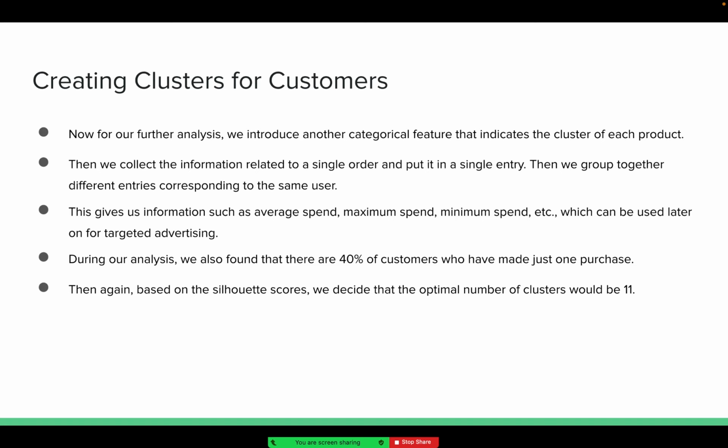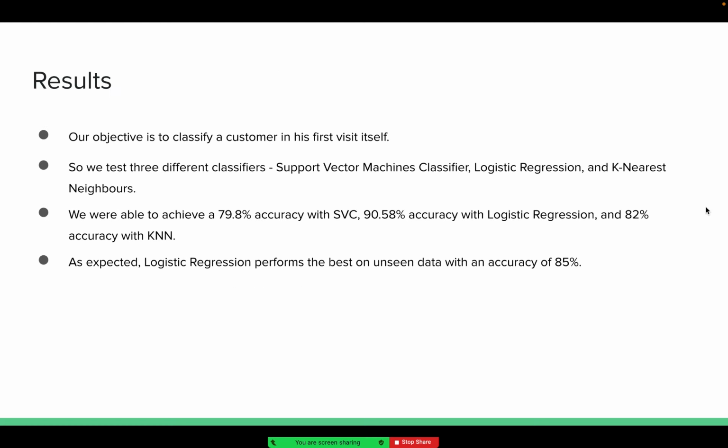Then we grouped together different entries corresponding to the same user, and it gave us information such as the average amount spent, the maximum spent, and the minimum spent, which can be used later on for targeted advertising. So during our analysis, we also found that there are 40% of customers who have made just one purchase. Then again, based on silhouette scores, we decided that the optimal number of clusters would be 11.